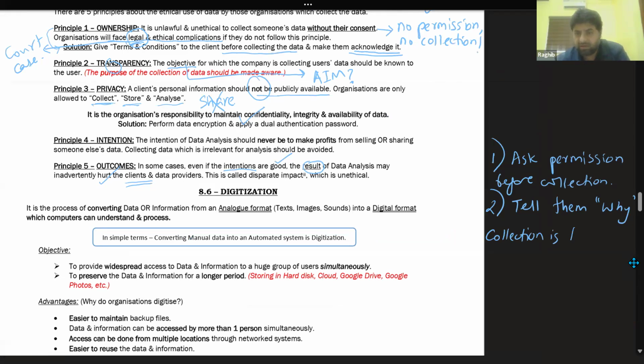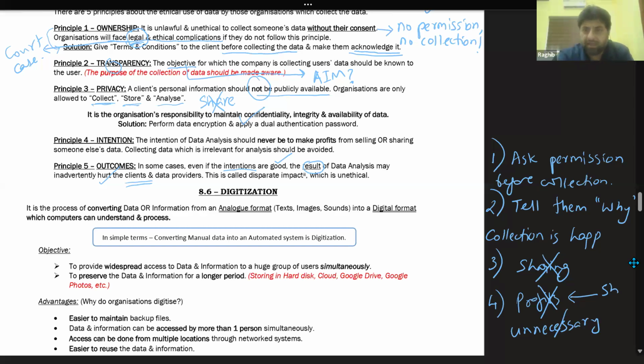Third one is sharing, not at all allowed. Fourth one, taking profits from the sharing should not be there. Unnecessary data also should be avoided. Okay, these are the different ethics.